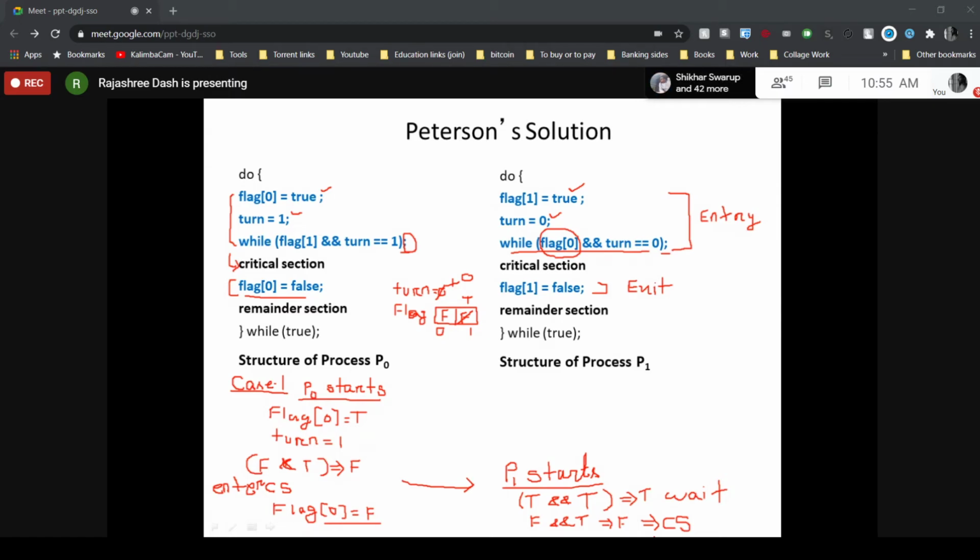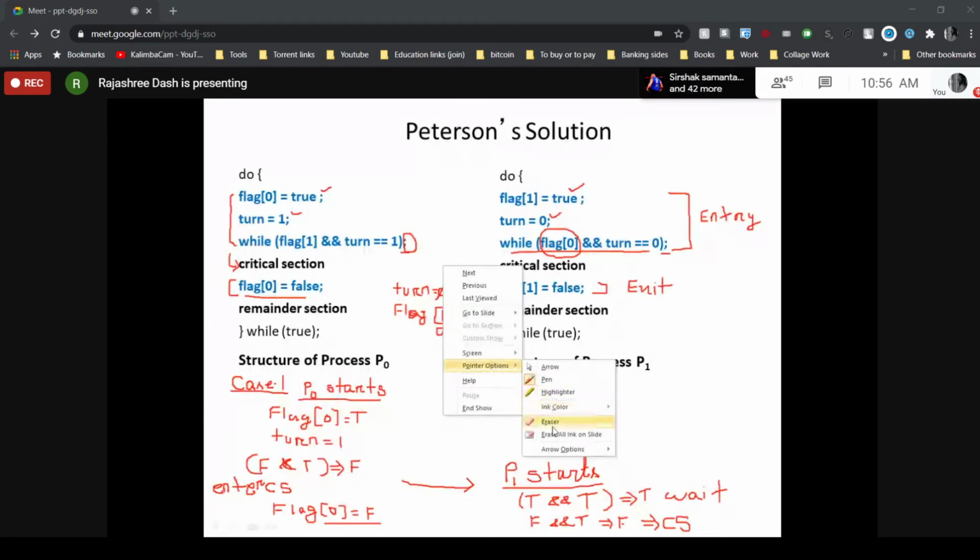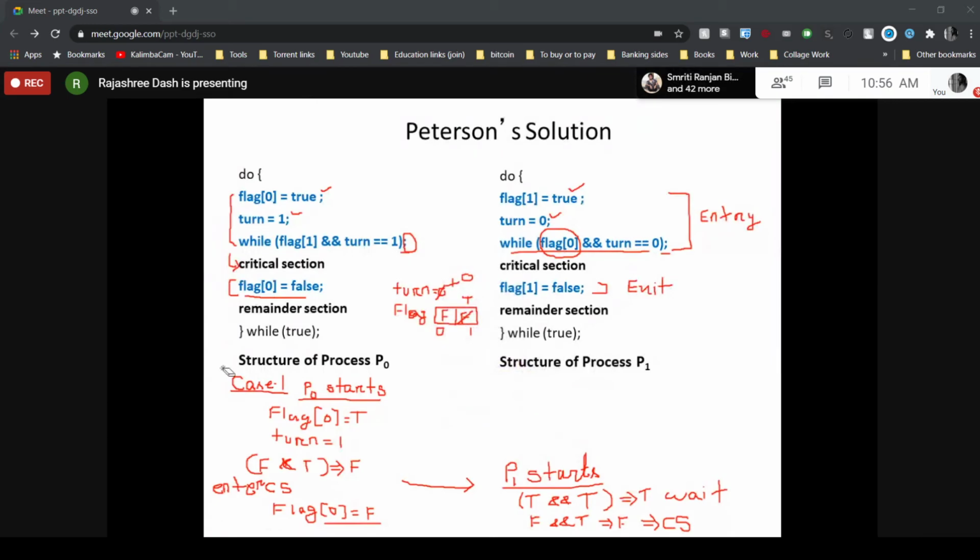So there is bounded waiting here also. So what we find is that this solution satisfies all three requirements: mutual exclusion, progress, and bounded waiting. So here we have discussed one case where, after P0 has entered the critical section, P1 started.